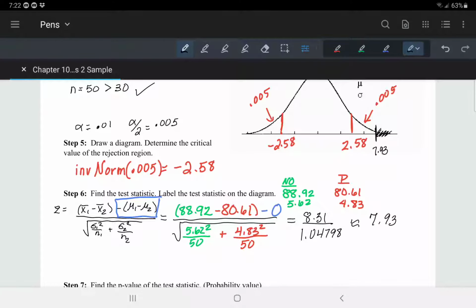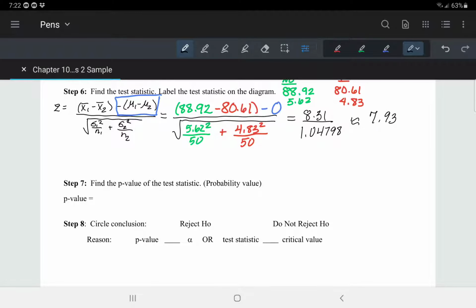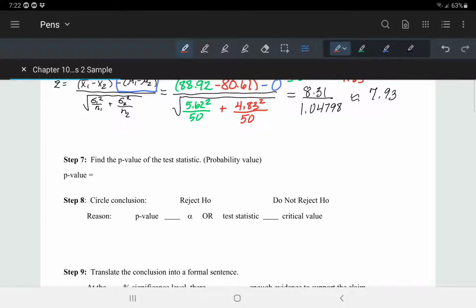We could calculate the probability associated with this. Now you'll also need the negative because this is a two-tailed test, right? So 7.93, we could also calculate this probability. That's what we'll do in the second step. We need to find the probability in one tail and then double that.